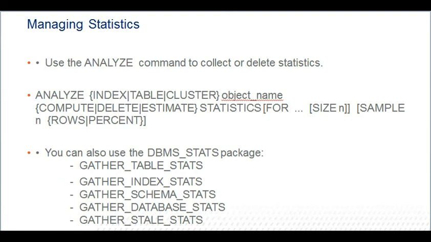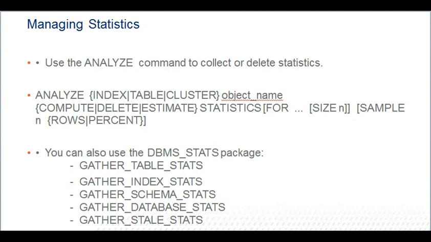Next is the for clause. The for clause offers the following options. For table restricts the statistics collected to table statistics only rather than table and column statistics. For columns restricts the statistics collected to only column statistics for the specified columns rather than for all the columns and attributes.